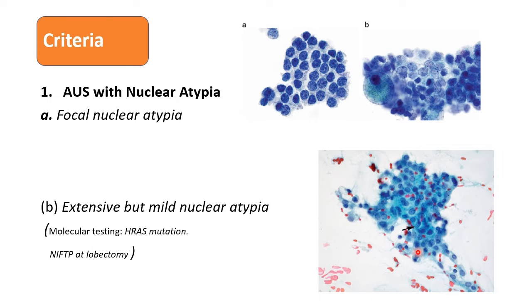Such cases should be categorized as AUS with nuclear atypia. In this particular example, molecular testing was done and it was positive for HRAS mutation, and on lobectomy it came out to be NIFTP. So it is important to look for the nuclear changes whenever you look at any thyroid FNA.